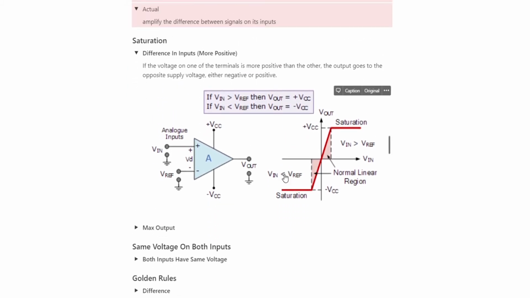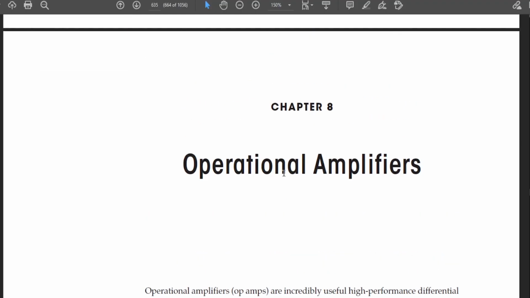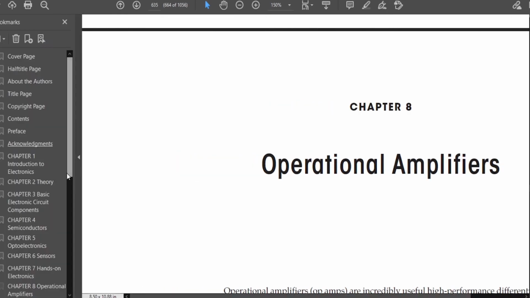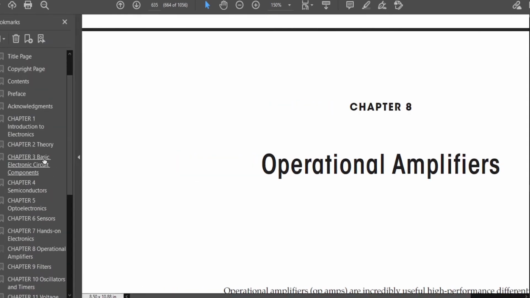In order for me to be able to understand this, there's surely a lot that I need to know before. We're talking about chapter 8 in this book. Let's see what chapter 1 is on. Chapter 1 is introduction. Chapter 2 is theory. Chapter 3 is basic circuit components. Chapter 4 is semiconductors.